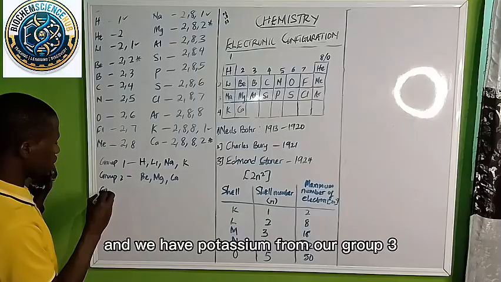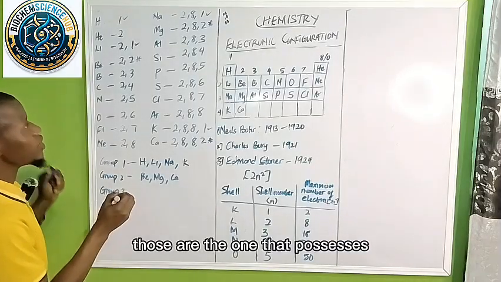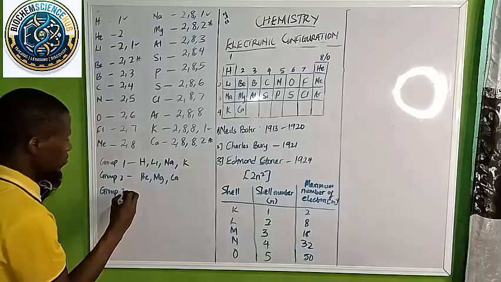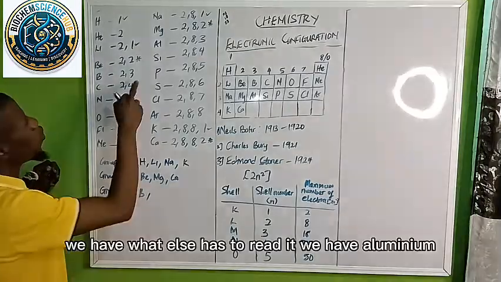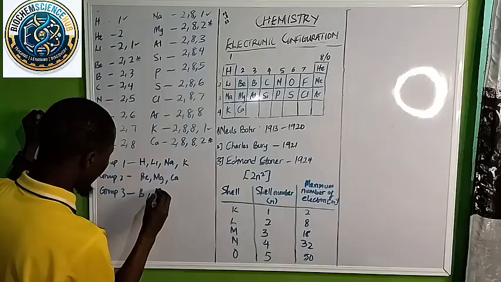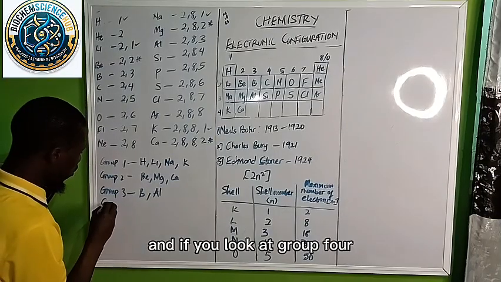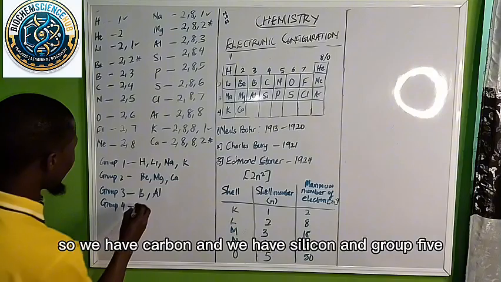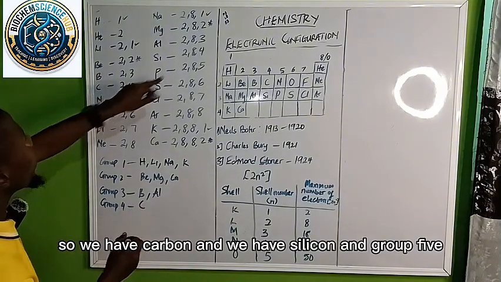For group 3, those are the ones that possess 3 in the outermost shell. We have boron, and what else has 3 there? We have aluminium. And if you look at group 4, we have carbon and silicon.